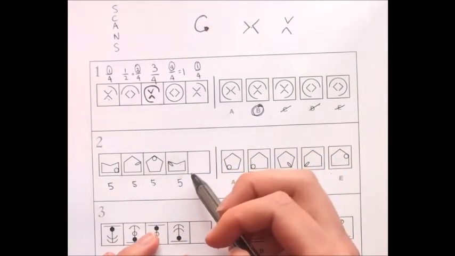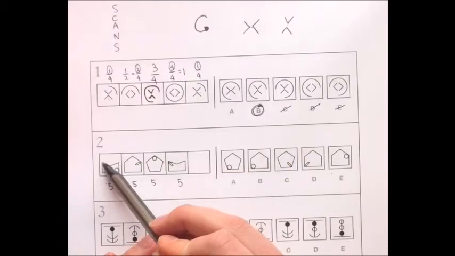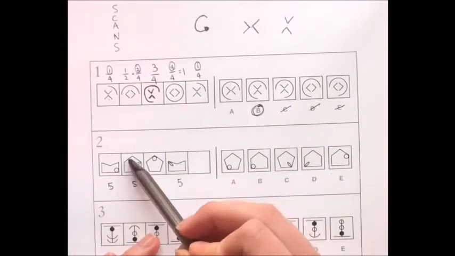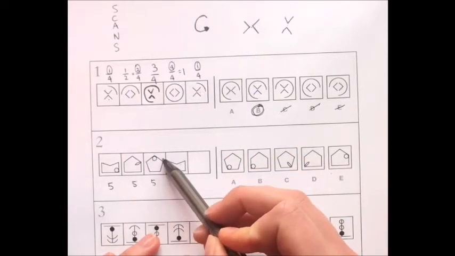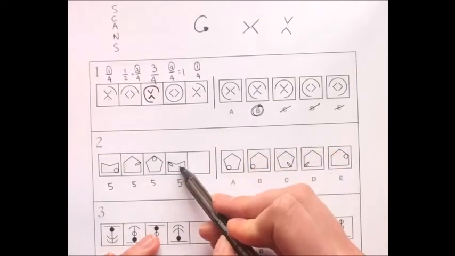So we can also see that you've got this funny V shape, then you've got this house sort of shape, then you've got a regular pentagon, and then this V shape again.